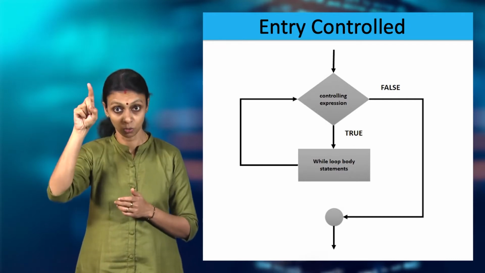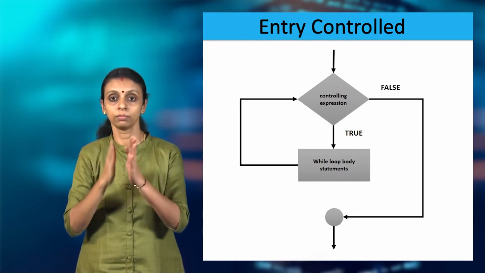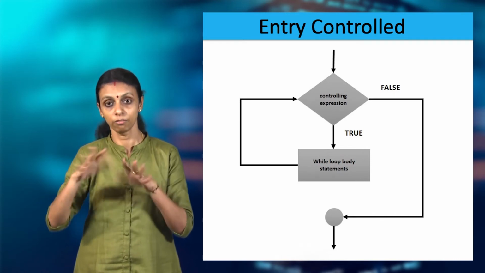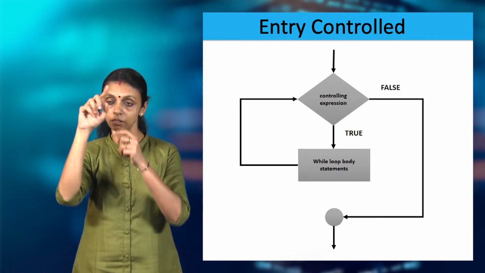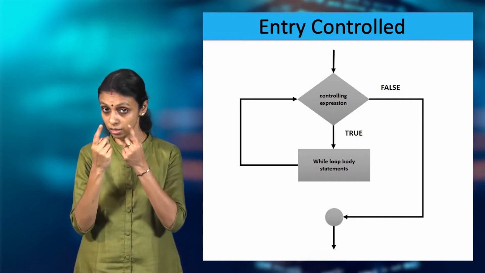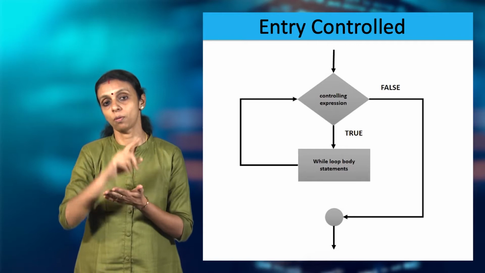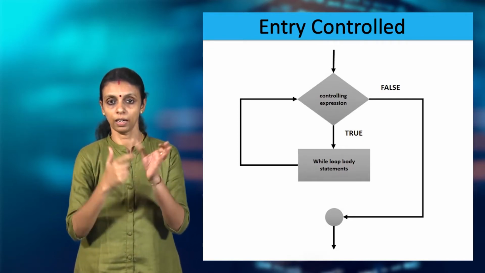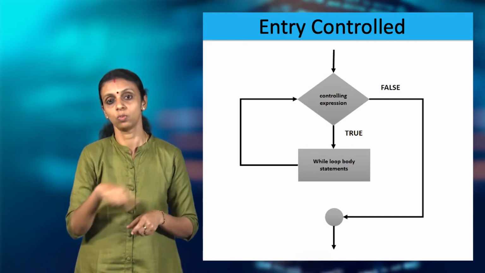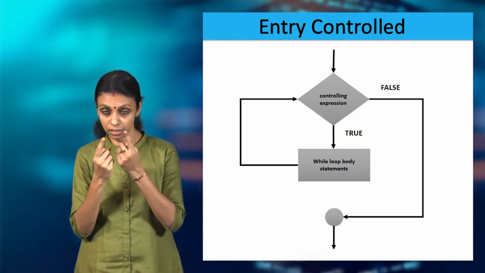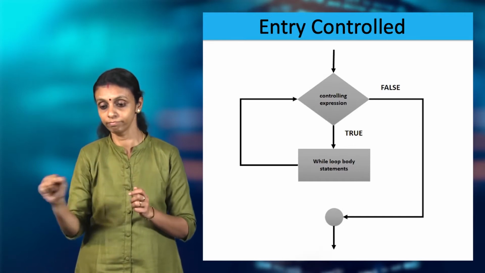If the condition is true, all statements in the block get executed again. This continues till the condition becomes false. This is known as entry controlled loop because the condition is checked before executing the statements inside the block.